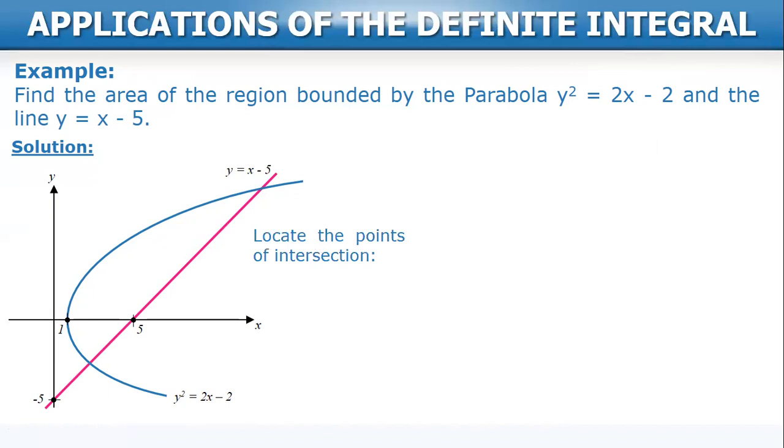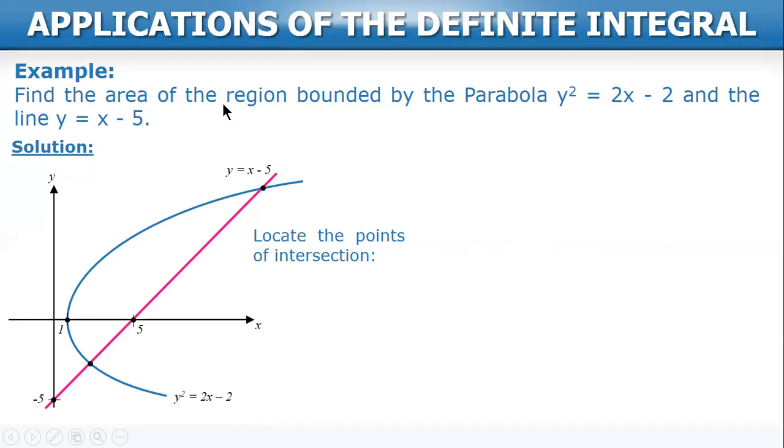So let us locate the points of intersection. This one and this one. So we equate the two functions. Now, by equating the two functions, the other one is y squared, the other one is y. So ang pag-equate mo is y equal to y or y squared equal to y squared, depende lang. So, to get rid of the radical sign, let's equate y squared equal to y squared.